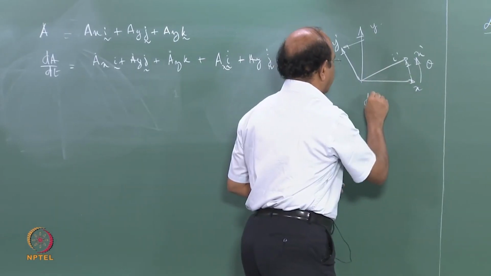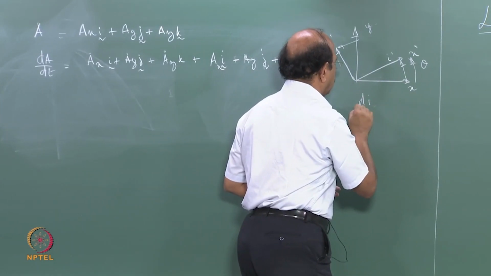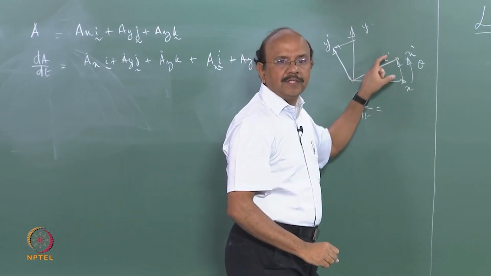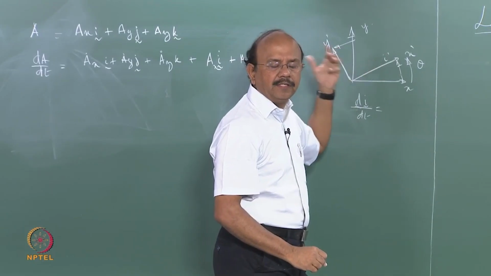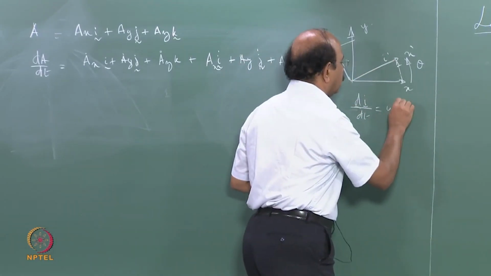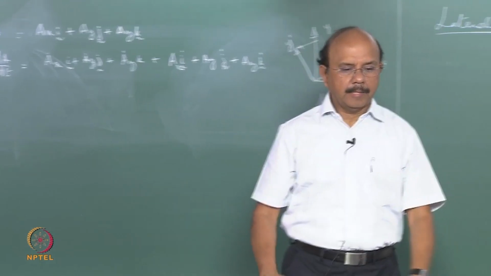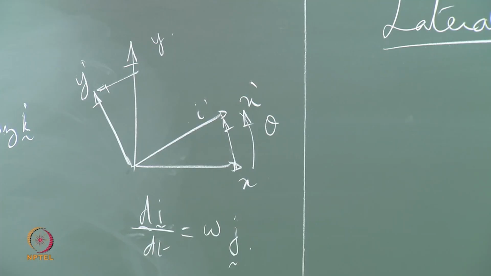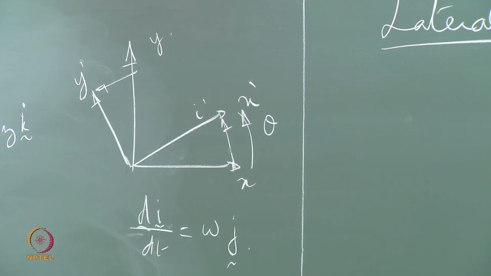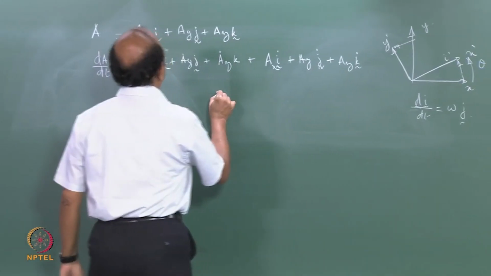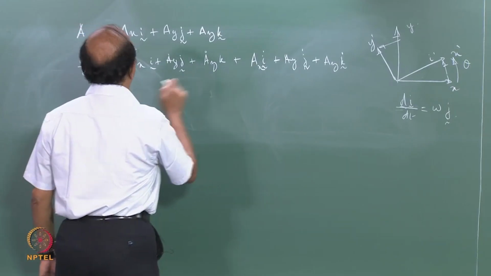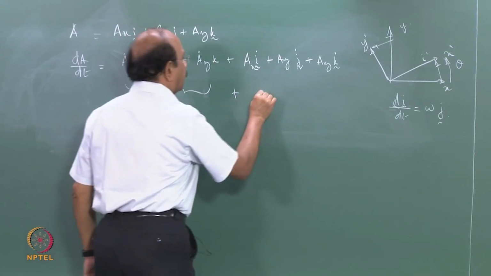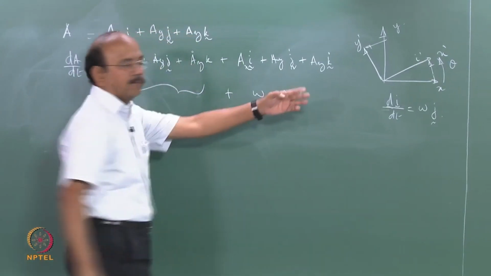So di, di by dt is nothing but d theta by dt, d theta by dt is omega, into j. So this you can do for all three and write down this part. This we will keep, plus omega cross A. That's what happens.